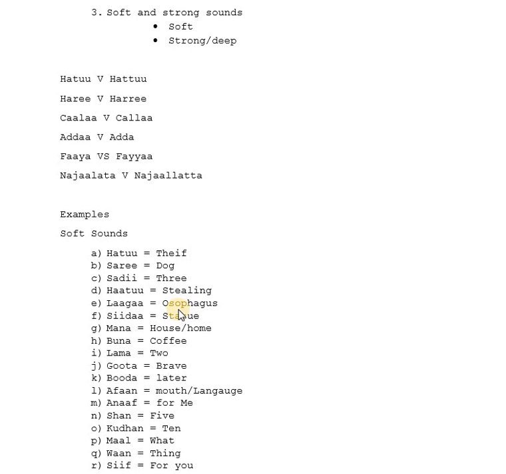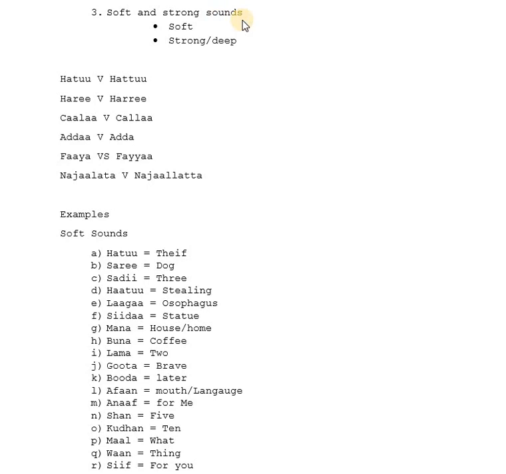If we stay long on that sound, we say it is a long sound. If we stay a bit shorter, we call it a short sound. Please go back and watch the other video. Here we deal with soft and strong sounds.